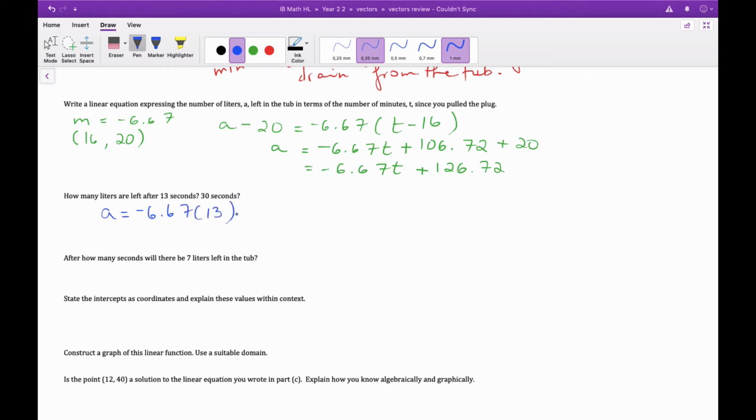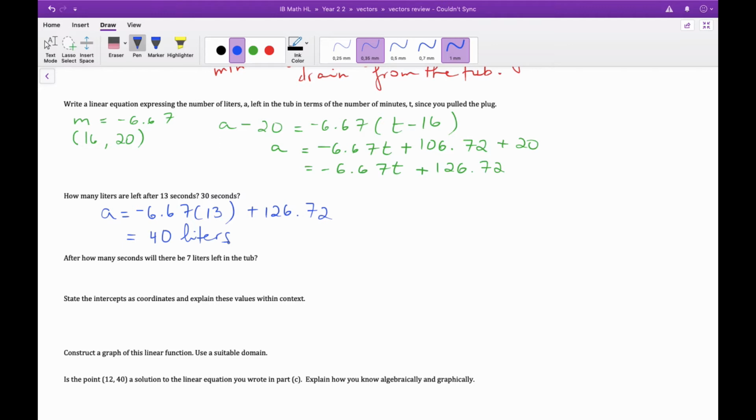So t is 13, and when we do that calculation, I'm throwing it into my calculator now. I get 40. Exactly 40 liters. Super. You can just throw that calculation into your calculator and you're good.